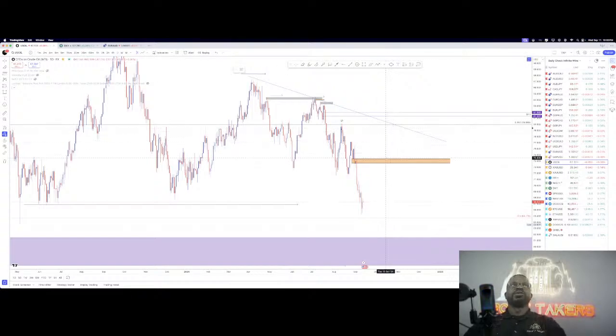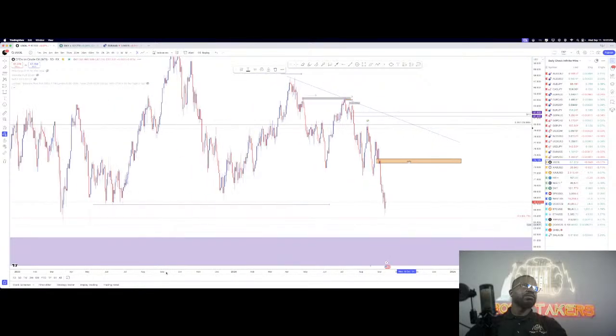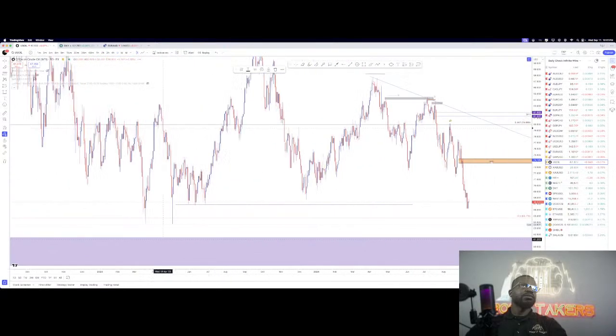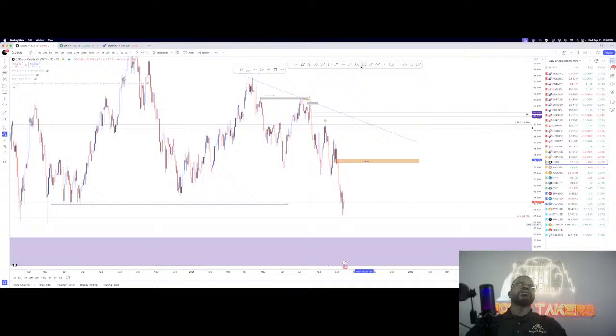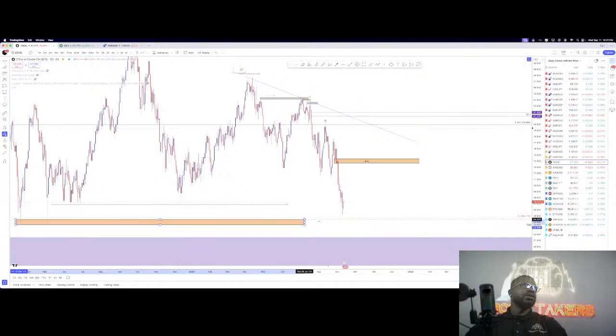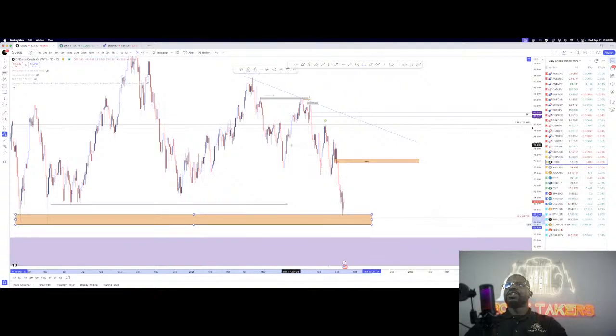See if price pulls back towards this structural level. These wicks really did not create a strong structural level of support right here.